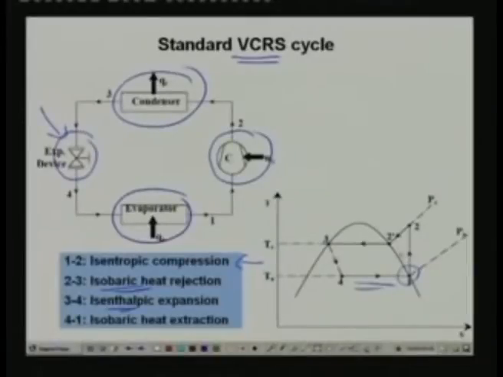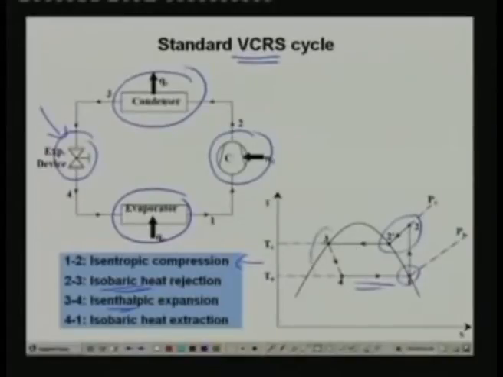But as a result of this, you find that the condensation process or the heat rejection process is isobaric but not isothermal, because during the process 2 to 2 dash the temperature is varying, whereas during the process 2 dash to 3 the temperature remains constant. That means the initial heat rejection is an isobaric but non-isothermal process, whereas the rest of the process is isobaric as well as isothermal.